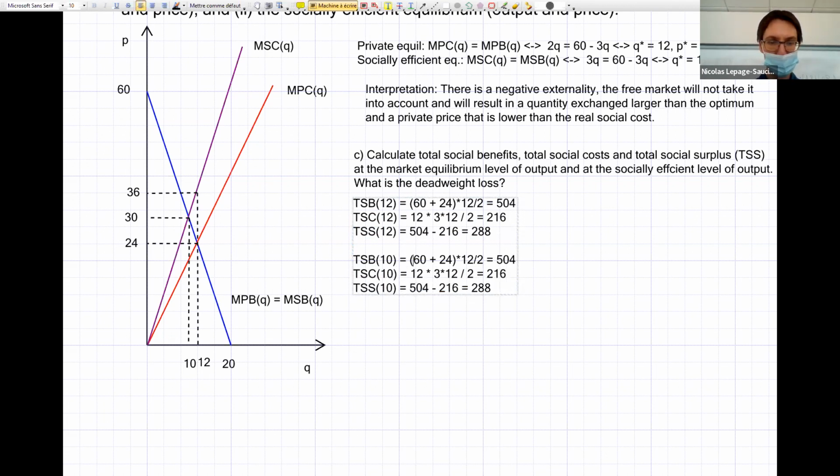So that's 60 plus 30 times 10 divided by 2. So that's 450, I think.